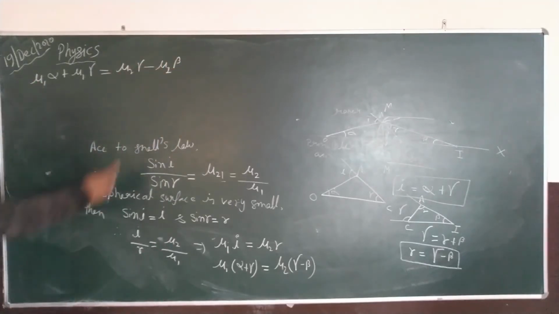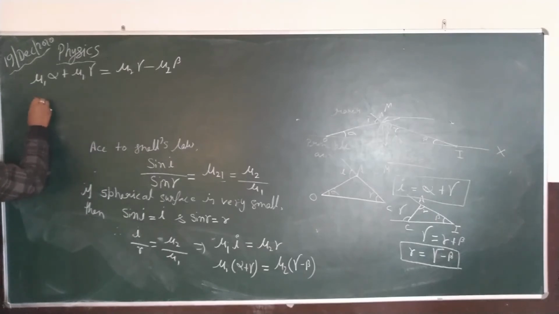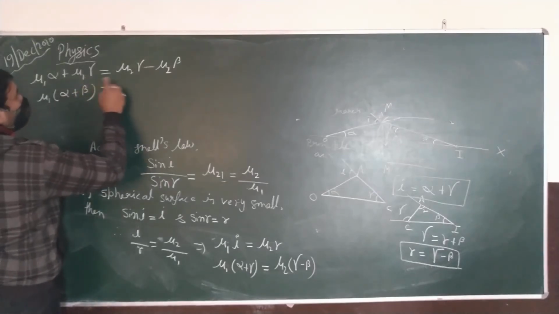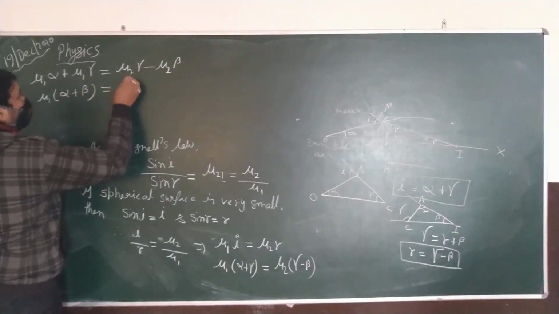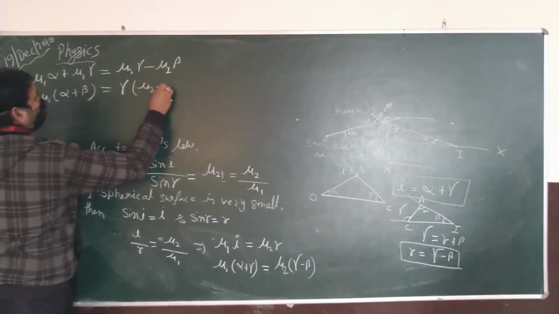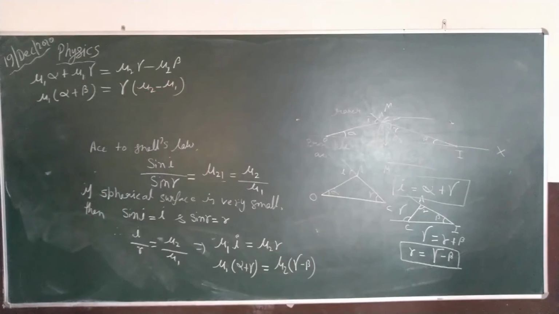Okay, now this mu2 is substituted here, then we get mu1 as common, alpha plus beta is equal to gamma is common, and we get mu2 minus mu1. It is clear or not?